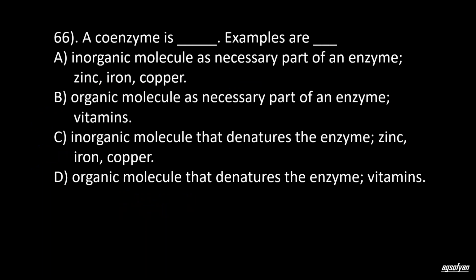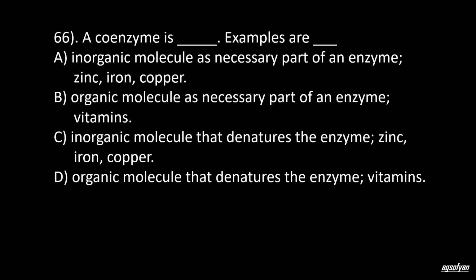A coenzyme is blank. Examples are blank. A, inorganic molecules, like zinc, iron, copper. B, organic molecules, like vitamins. C, inorganic molecules, like iron, copper. D, organic molecule that denatures proteins, like vitamins.